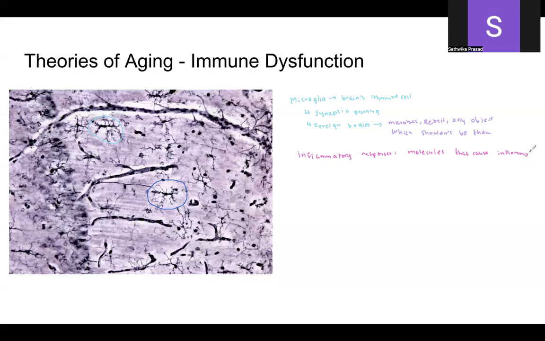And in normal immune responses, this inflammation is pretty temporary and short, right? But the thing is, as you age, your immune system becomes hyperactive. So, what does a hyperactive immune system mean?